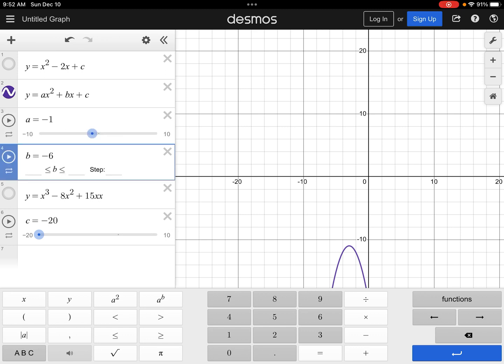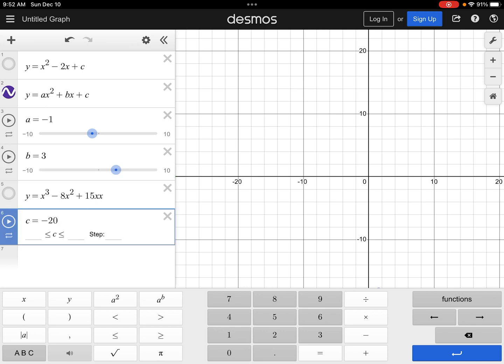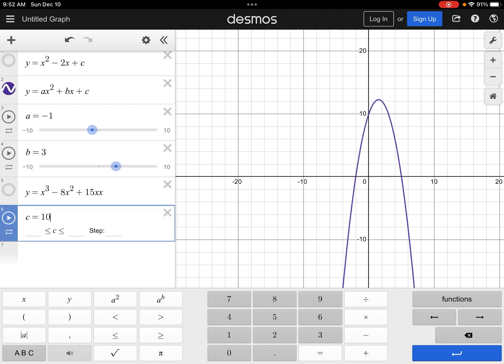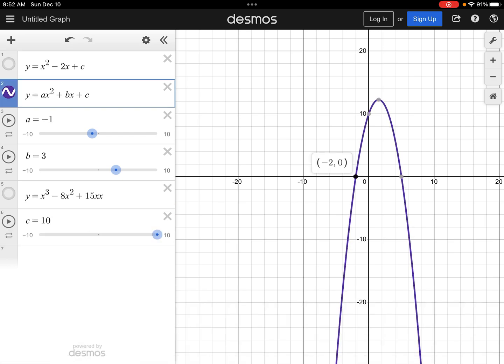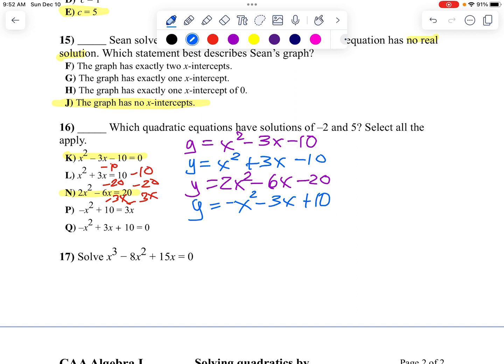I'll change B to positive 3. And I'll change C to positive 10. And notice I get negative 2 and 5. So I get another solution here. Notice on this one, when I get it by itself, a related function that is, it is just the opposite of letter K, so that's why it has the same solutions.